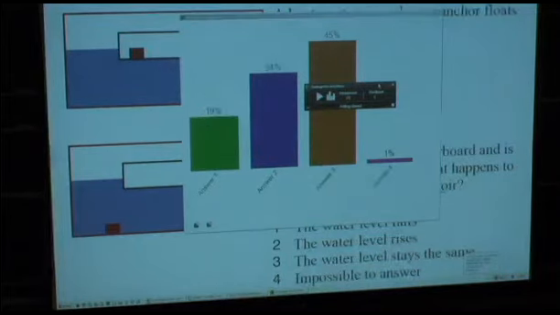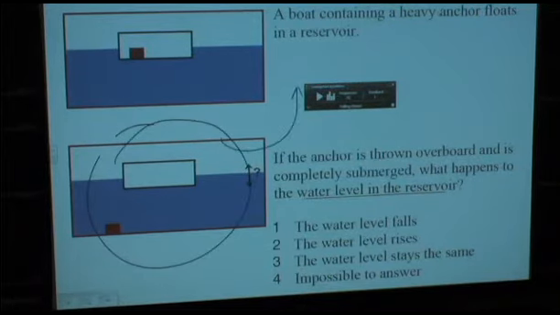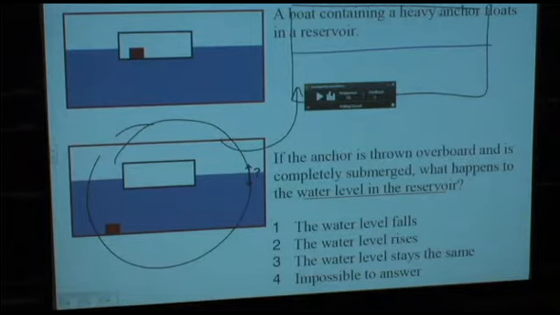Let's see. Yep, false. So if we draw these two pictures, if I take this picture and I redraw it right here, what should we see? This, the new level.